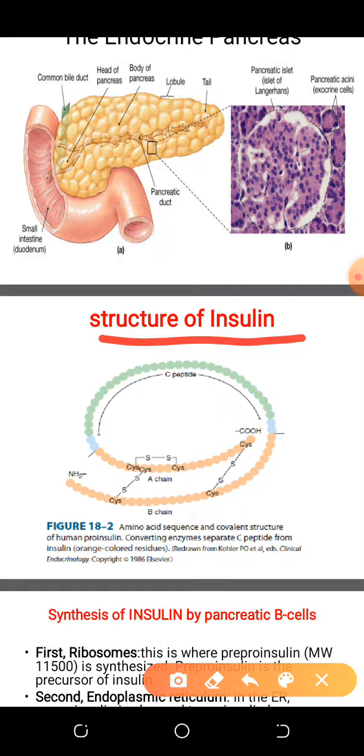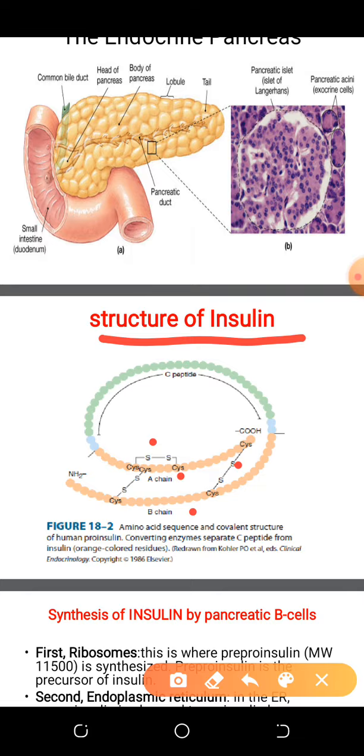From here you can see that insulin has A and B peptide chains, which are connected by disulfide bonds.